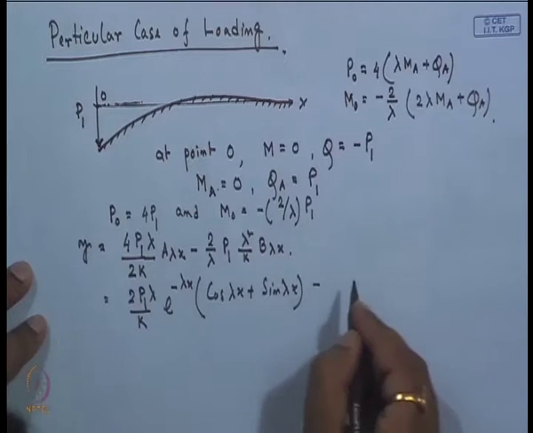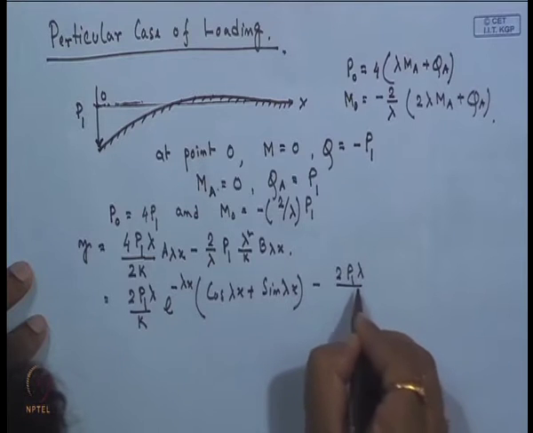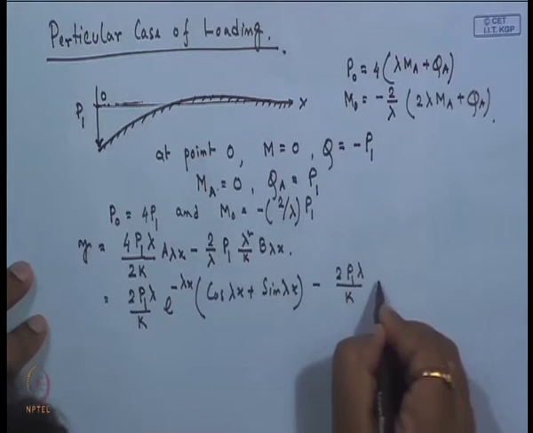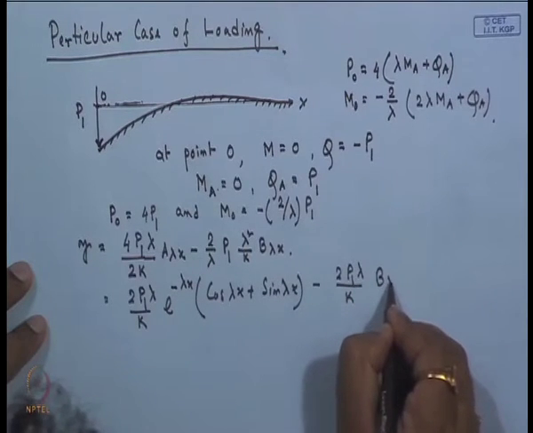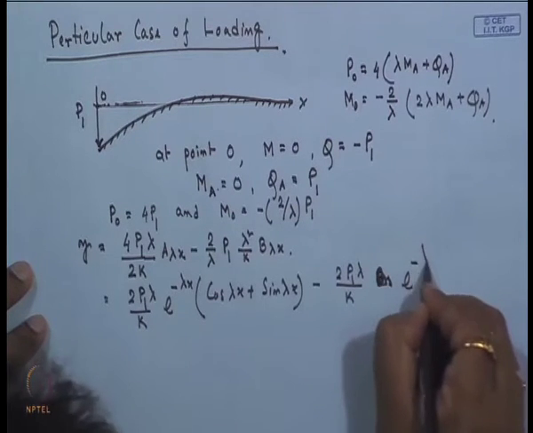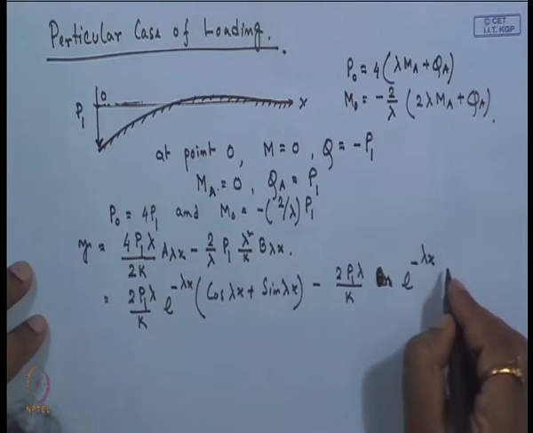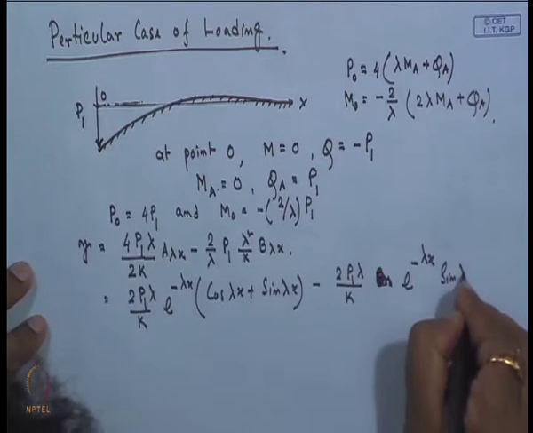Then minus, there will be 2 P 1 lambda by k B lambda x. So, B lambda x we can finally write as e to the power minus lambda x into sin lambda x.